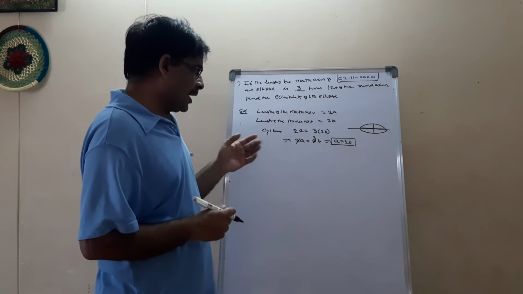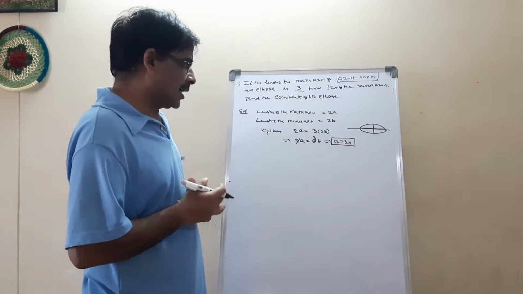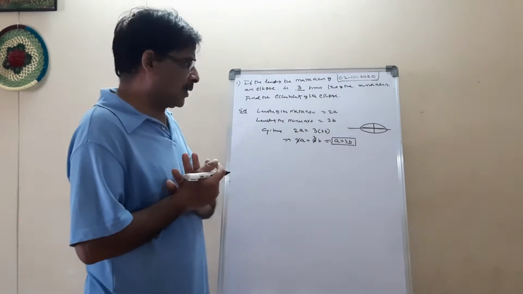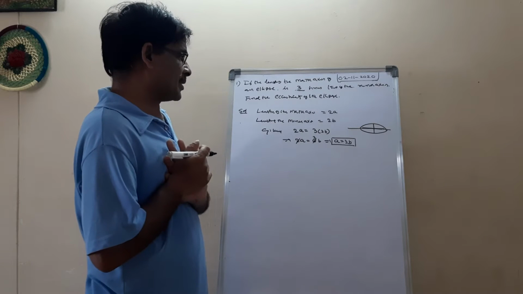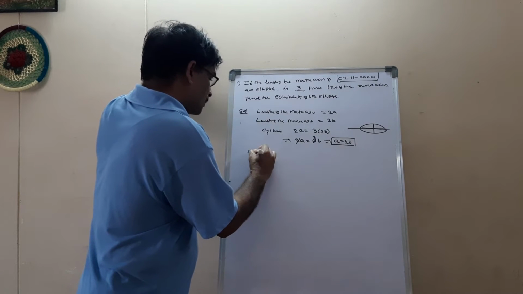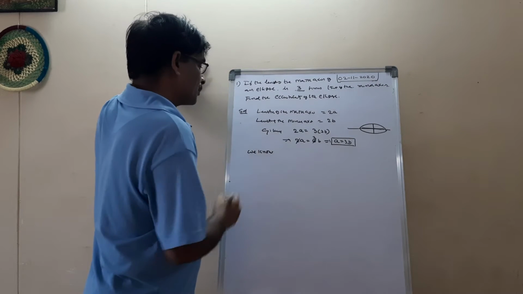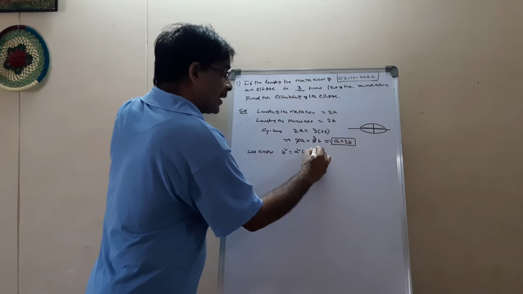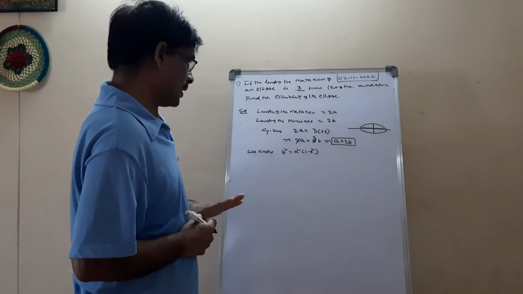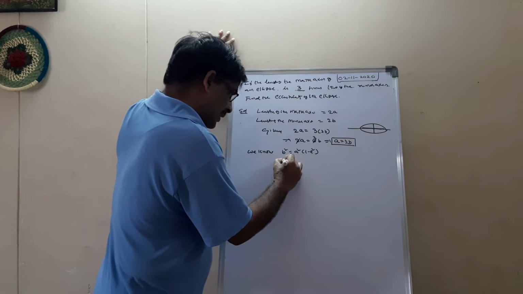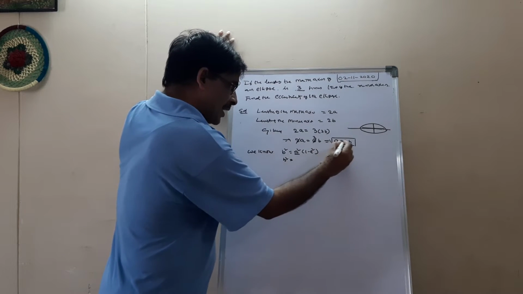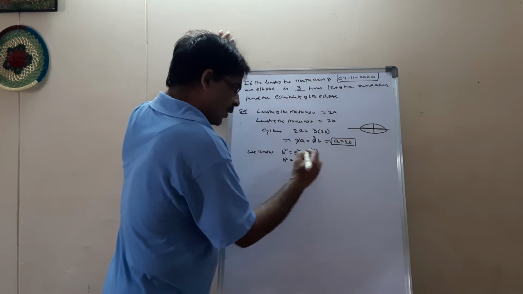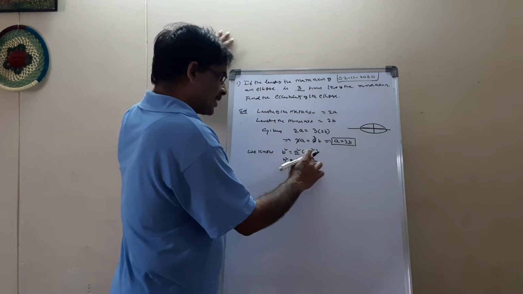From the given data, 2a equal to 3 times 2b means a equal to 3b. Next, we know b square equal to a square into 1 minus e square. So b square equal to 9b square into 1 minus e square.